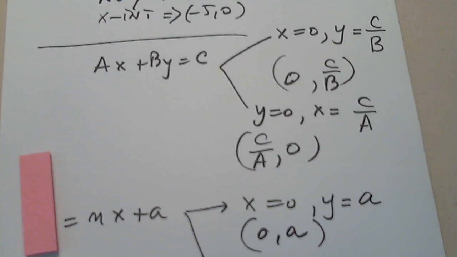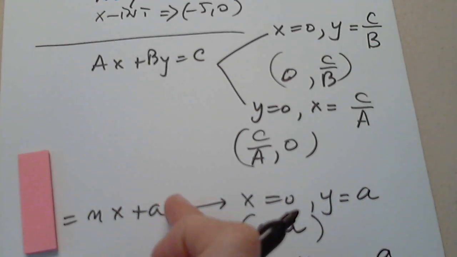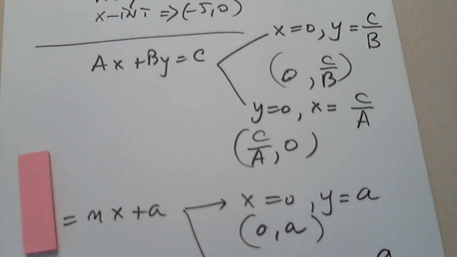So now y is 0. Move a to the other side and solve for x. How much is x? Negative a over n. Good. Excellent.